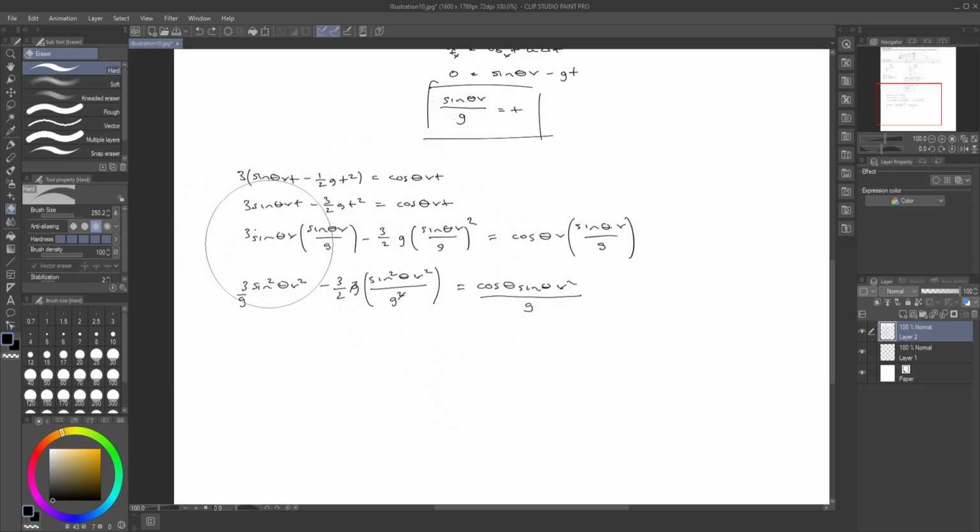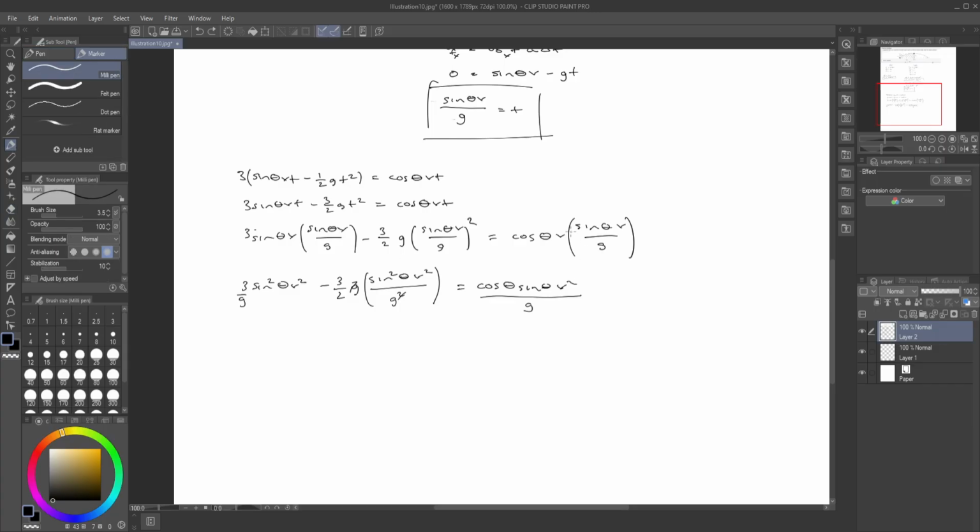We have sine theta v times sine theta v for the first term, so we can turn that into sine squared theta v squared. And then I bring this 1 over g to the outside. And then over here we have cos theta times sine theta times v squared, because we have two v terms right here, which can multiply together.